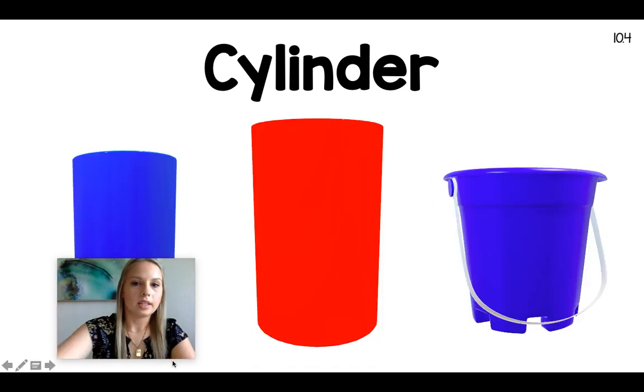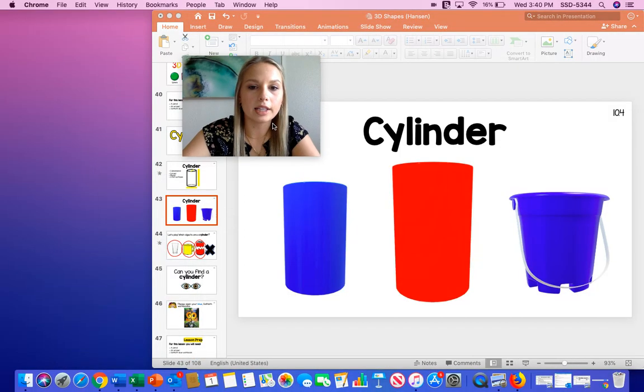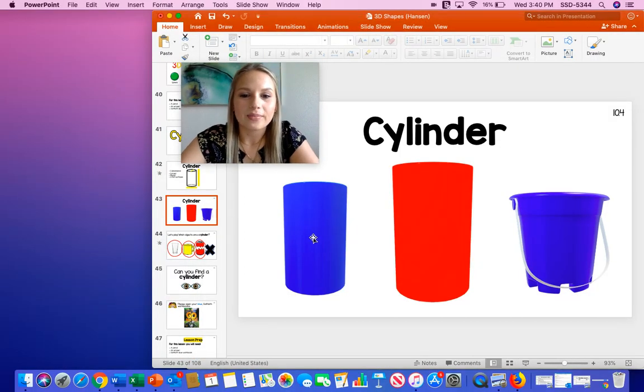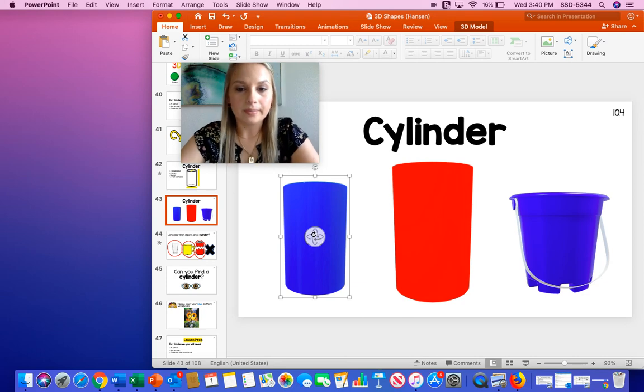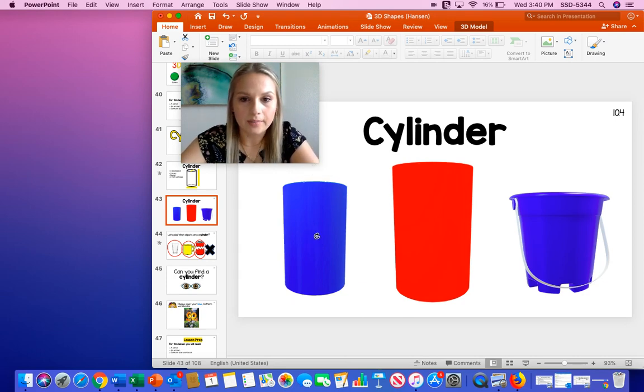Okay, we are going to look at some real live cylinders. So if you look at this shape here, the blue one that I'm pointing to, let's look at the top. Let's see if it has two flat surfaces, because that's how we describe a cylinder. Oh, that's flat there. Let's see if we can lay it down on that side. There's one.